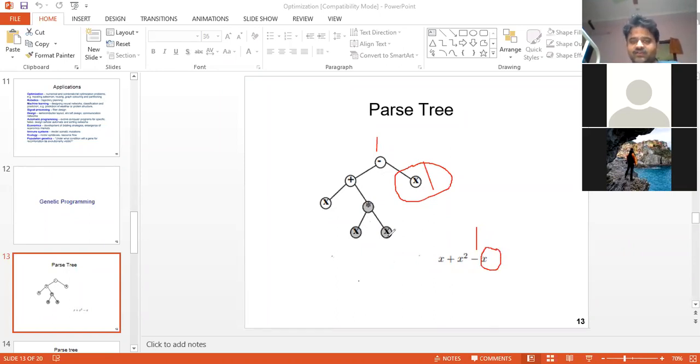To the left of that you have a plus. This plus is represented here. For its left part there is an x that is represented here. After plus, on the right side, there is x square that is represented here. Likewise, every expression can be represented as a parse tree.